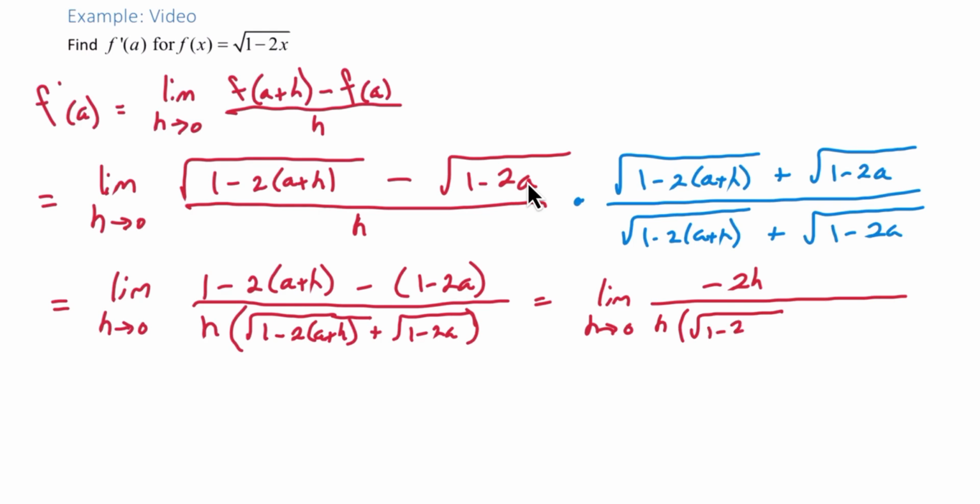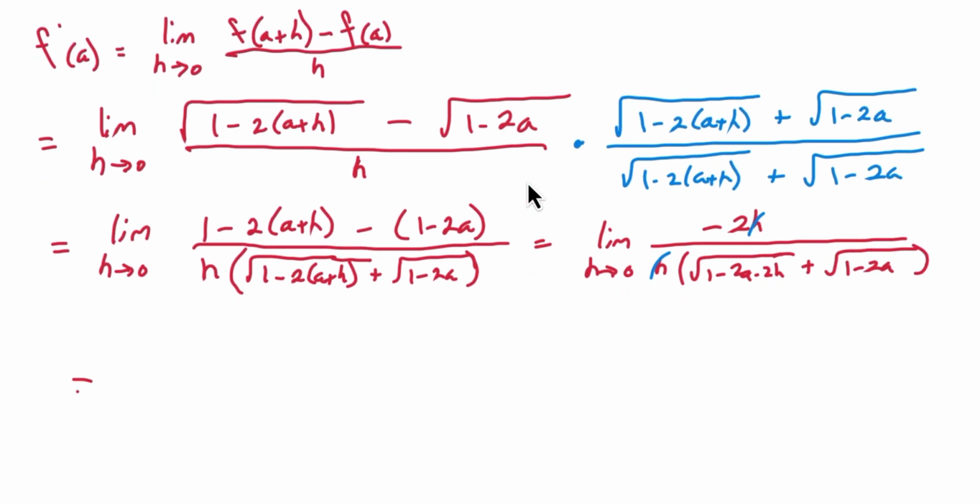We have negative 2a minus 2h plus square root 1 minus 2a. Notice at this point we can cancel the h in the top and the bottom. From here we can evaluate the limit, making that h in the denominator go away to 0.